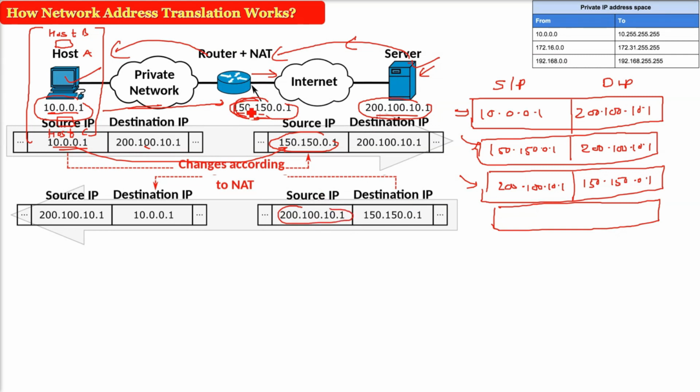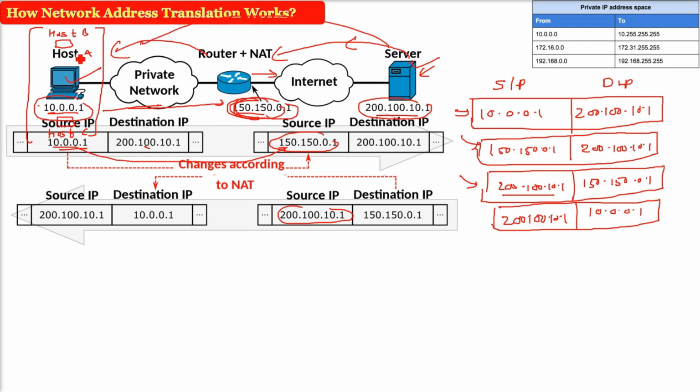Finally, when the router delivers the packet to the required host, along with the port number, the source will be, of course, the server 200.100.10.1, and the destination IP will now be changed to 10.0.0.1, so that it reaches the proper host with the proper port number.